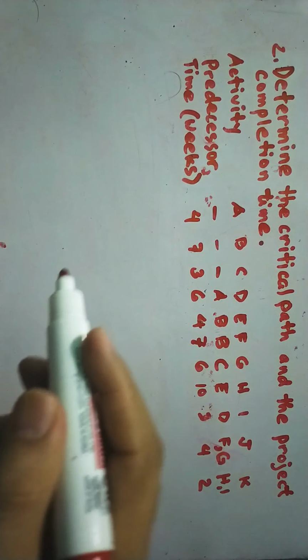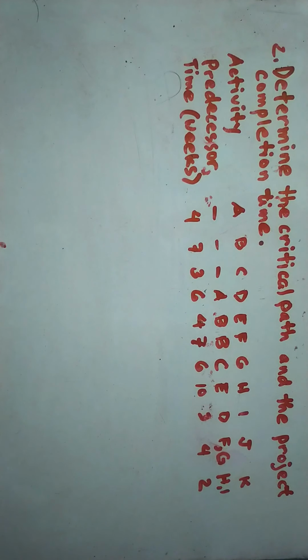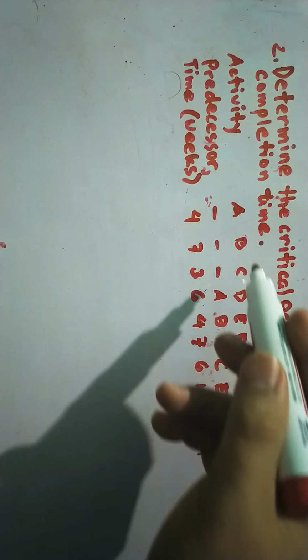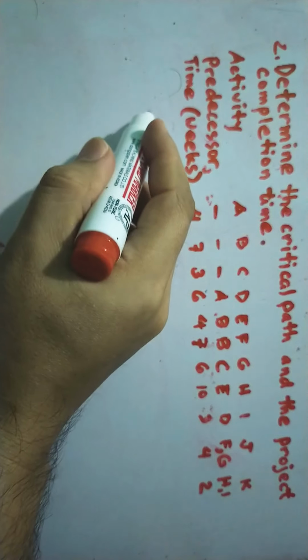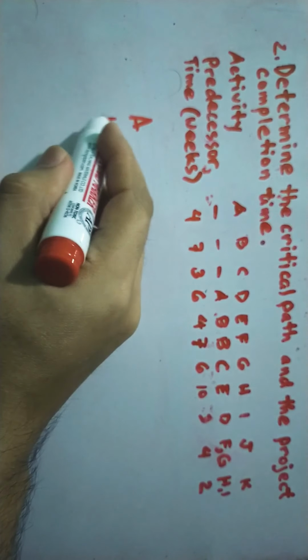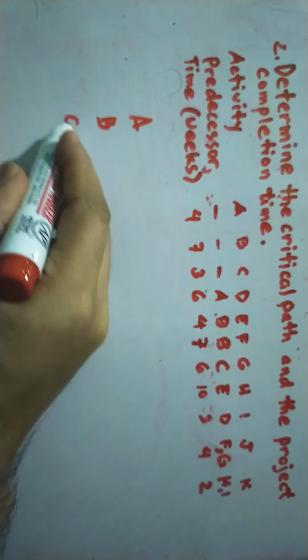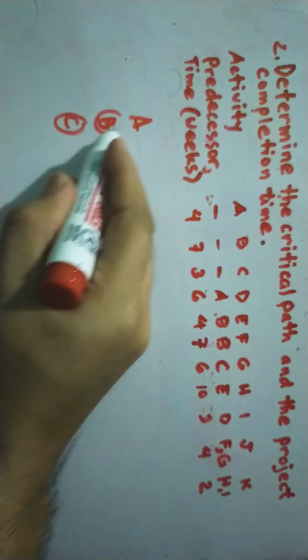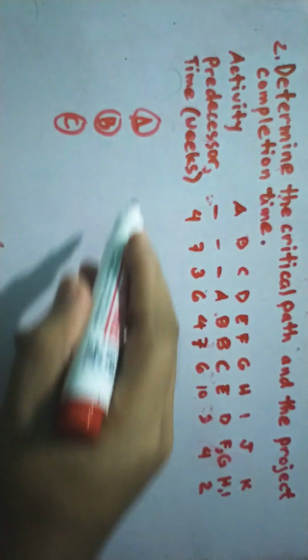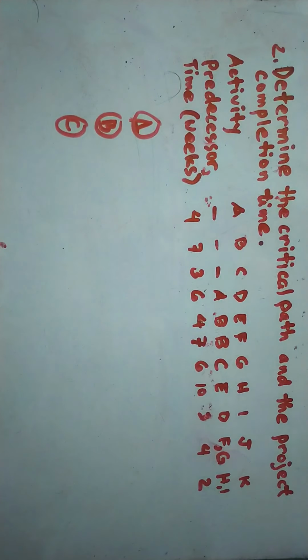Now we will start by drawing the network diagram. So we have here A, B, C. I will write here A, activity B, and activity C. I am using the activity on node network diagram.